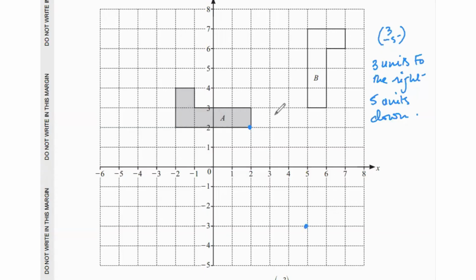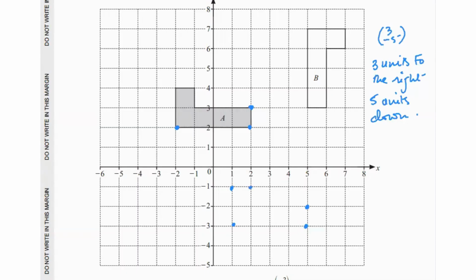Then for point 3, 3 units to the right and again 5 down is going to be 5, -2. Then for the point -2 and 2, that's going to be 1, -3. This one would be 2 above it, but that's going to be this and this.